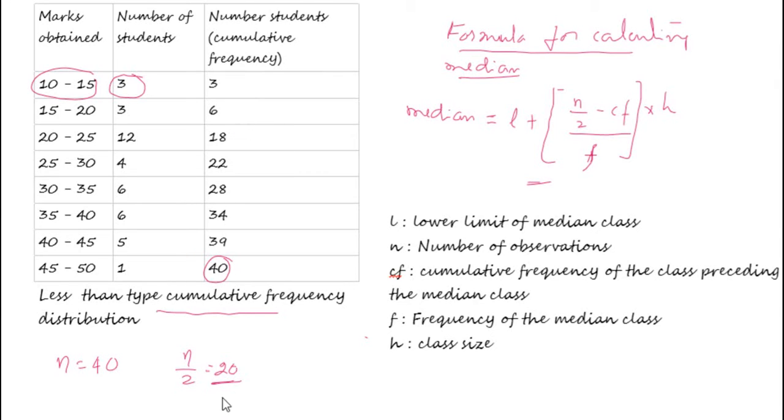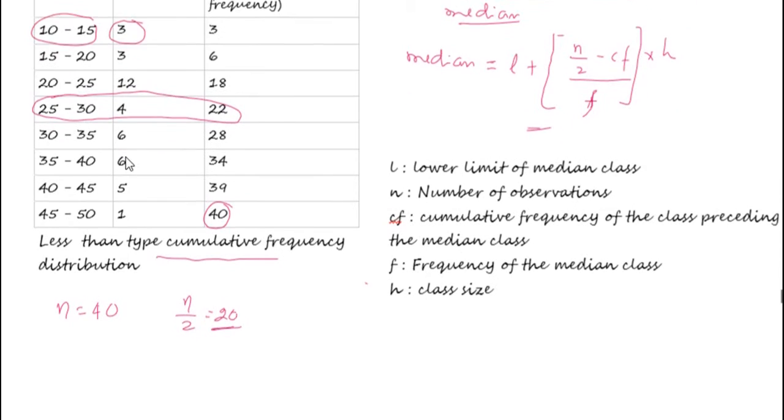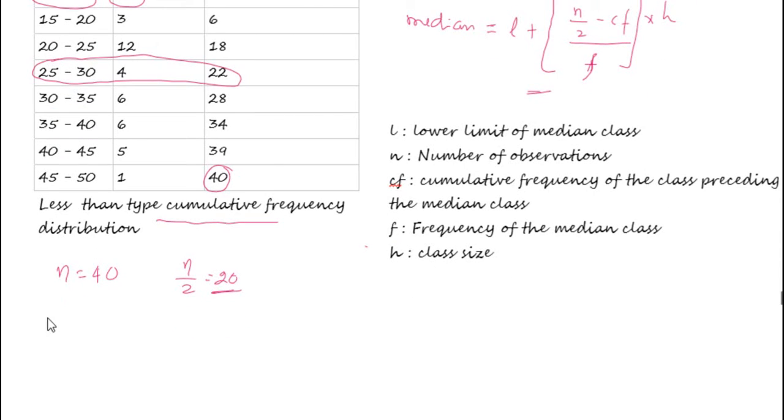Check where n by 2 falls in the cumulative frequency. N by 2 is 20, which is more than 18. That is within this class, because this is up to 22nd but greater than 18. So the median class is 25 to 30. Let us write here, median class.